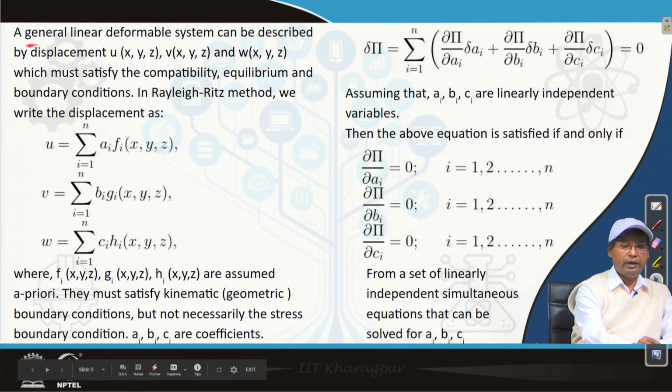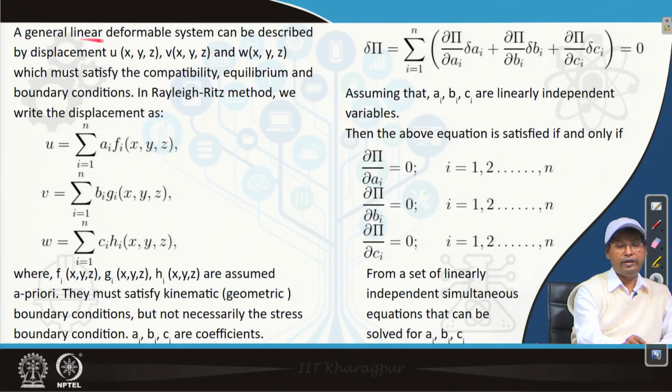So, a general linear deformable system can be described by displacements u(x, y, z), v(x, y, z) and w(x, y, z), which must satisfy the compatibility, equilibrium and boundary conditions. Compatibility, what is compatibility? Probably we have not introduced it that way.